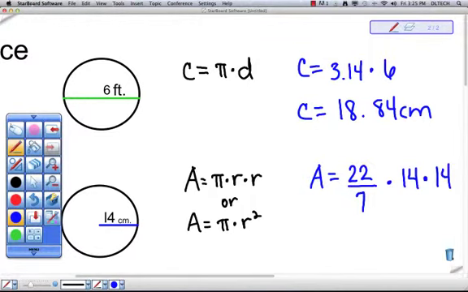It's important to show your work when you're working it out. That way you can tell what you're looking at as far as the formula. So here we're showing that A will equal 22/7 times 14, which is the radius, times another 14. We'll go ahead and do these first. So you have your 22/7 times 196.